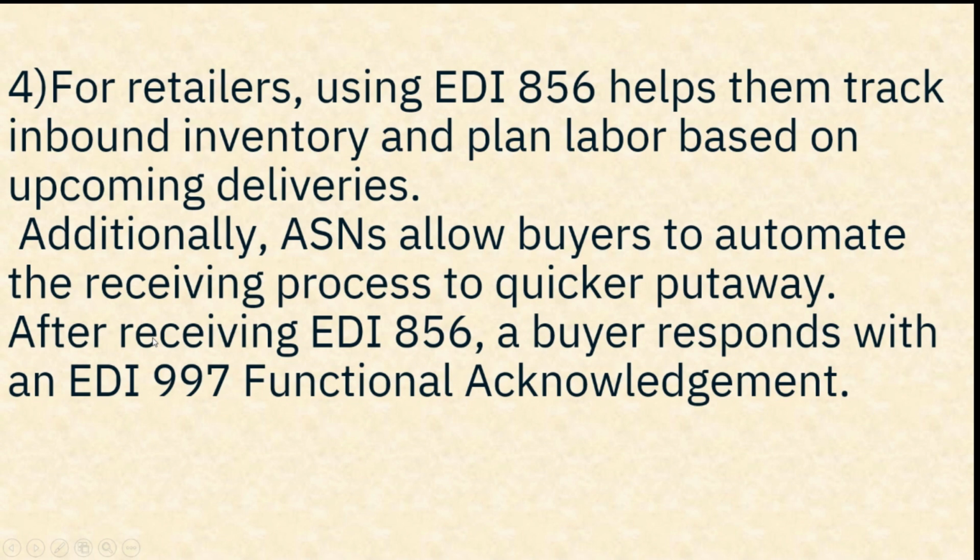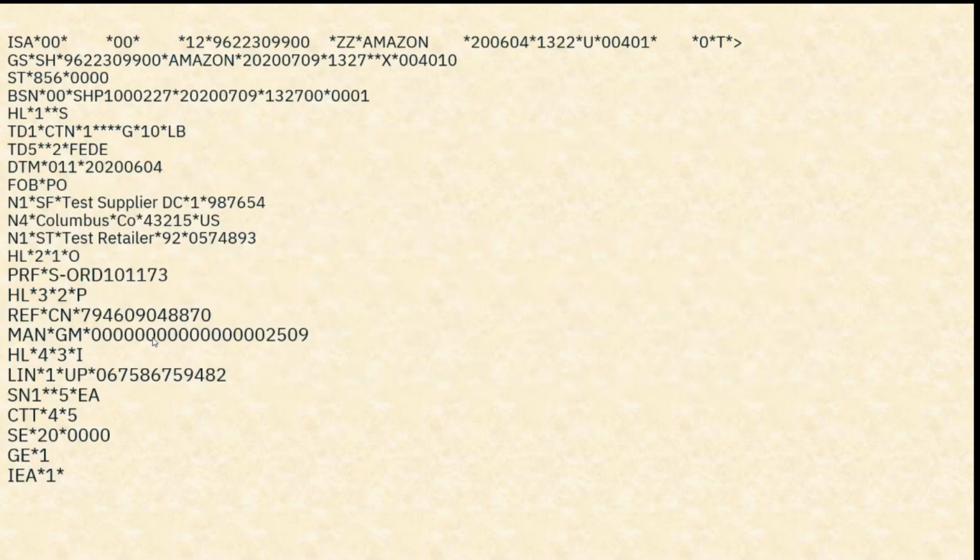Okay, so EDI 856 is for your ASN and EDI 997 is for a functional acknowledgement. And this is basically just a standard example of an EDI 856. Here you can see the ST asterisk symbol 856, asterisk symbol 0000.